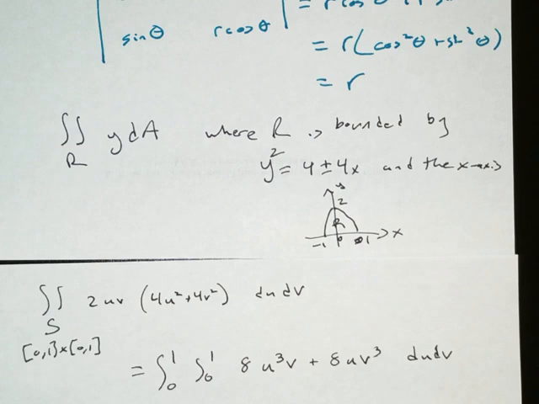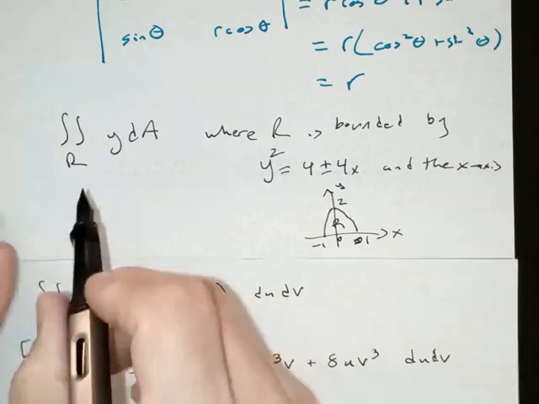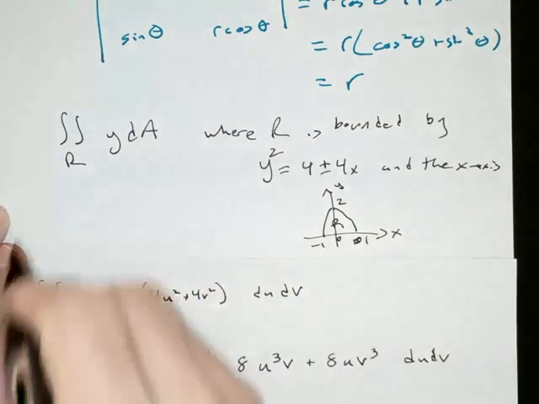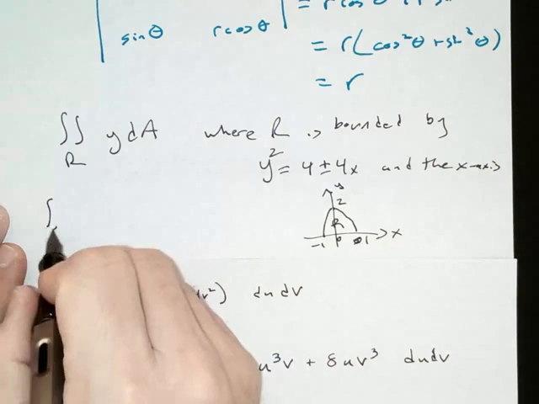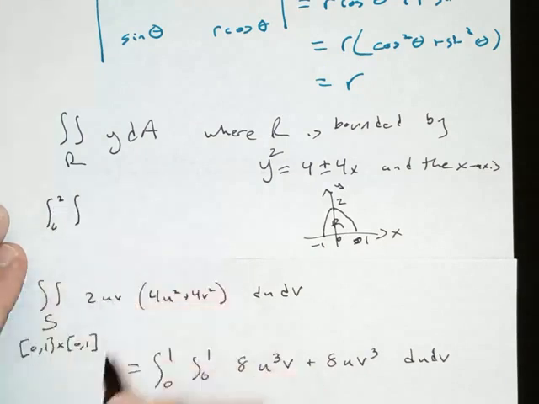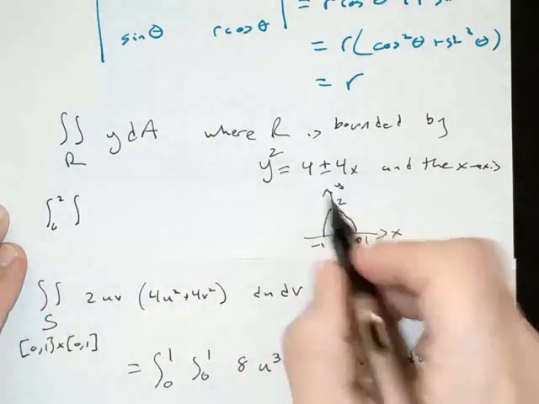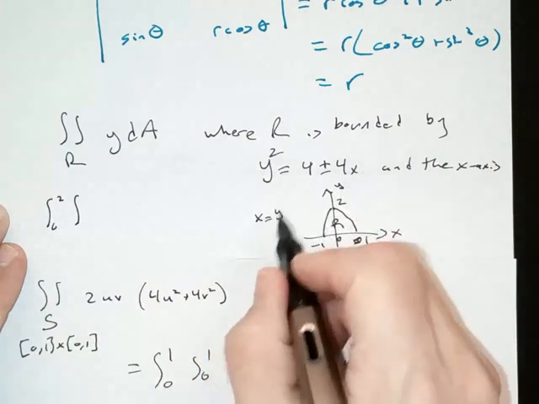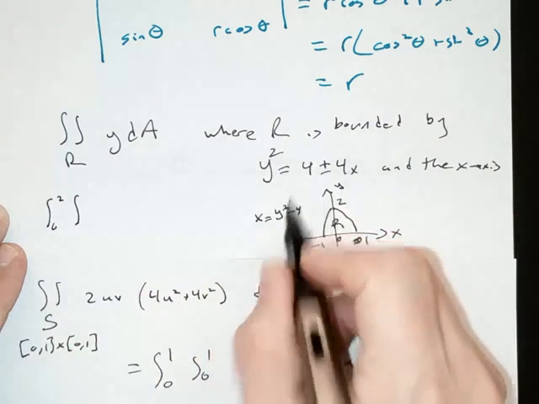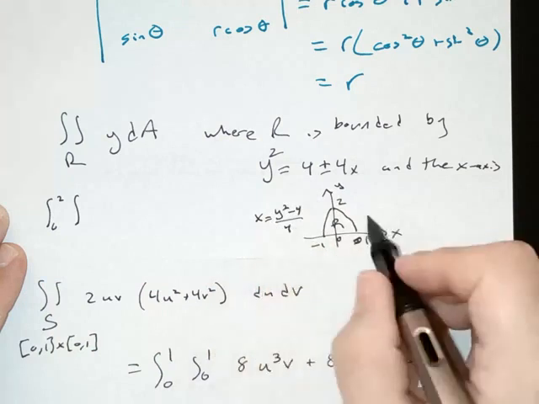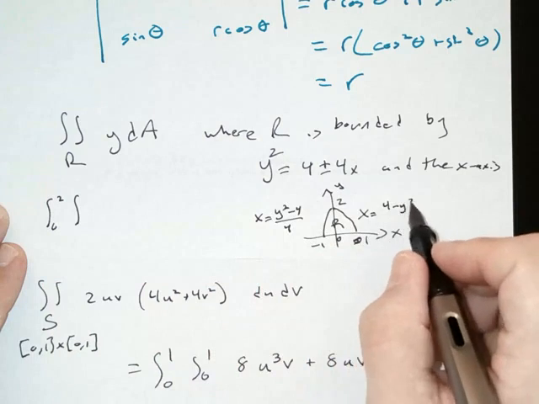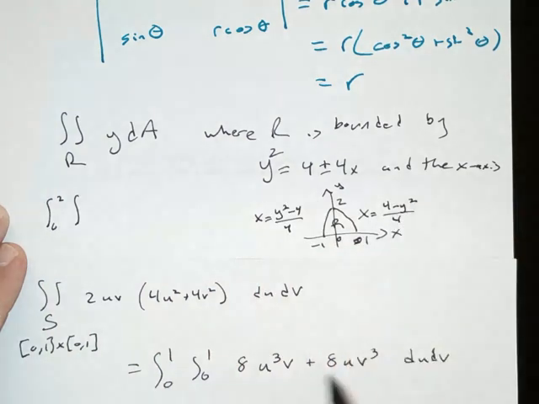On the other hand, if I really wanted to do this one this way, it would look like the integral from 0 to 2, the integral from, solve this for x with the negative side, so that's x equals y squared over 4 minus 4, and this one is x equals 4 minus y squared over 4.